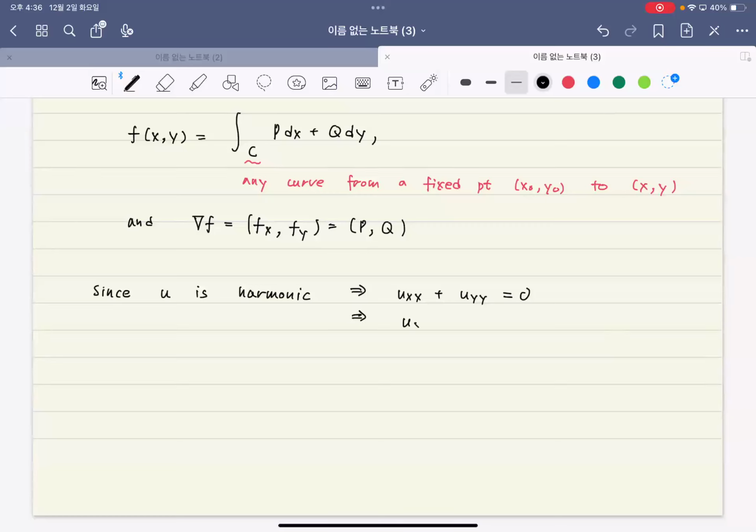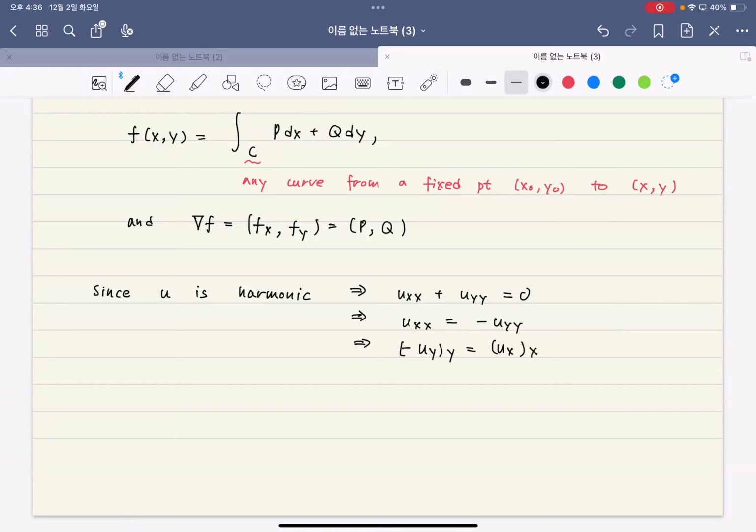So u xx is minus u yy. So minus u derivative with respect to y is the same as ux derivative with respect to x.